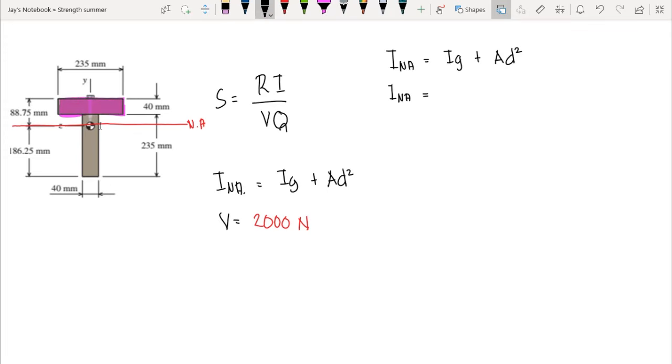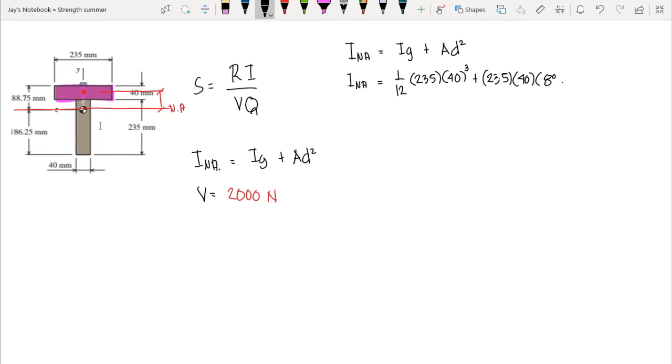We need to have 1/12, the base is 235, the height is 40 cubed, plus the area, that is 235 times 40 times d, the distance from the center of our flange to the neutral axis, which is 88.75 minus 20, then squared.